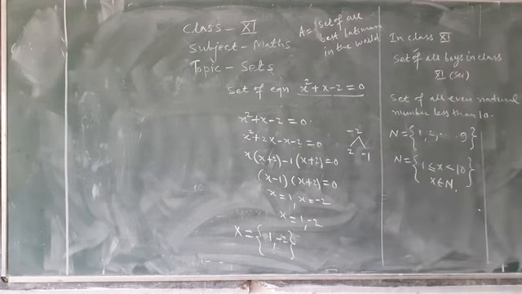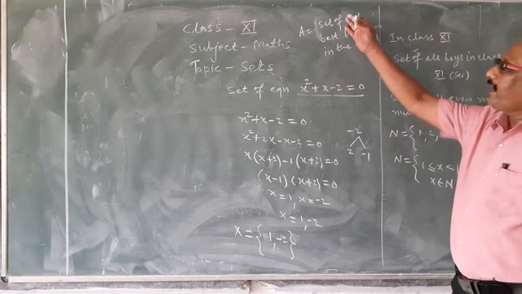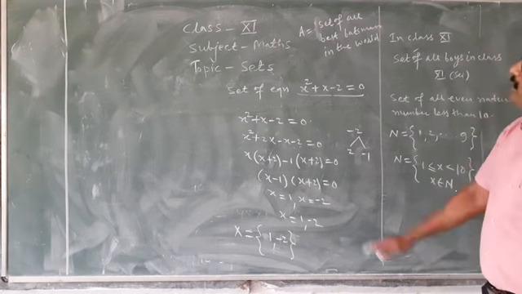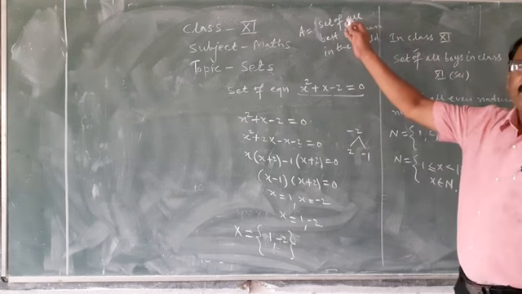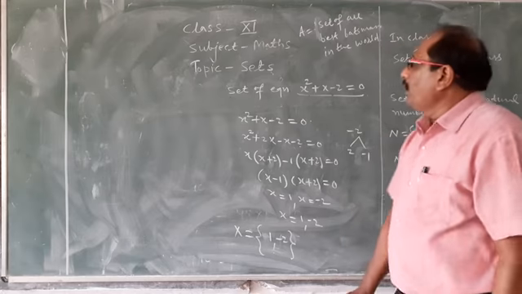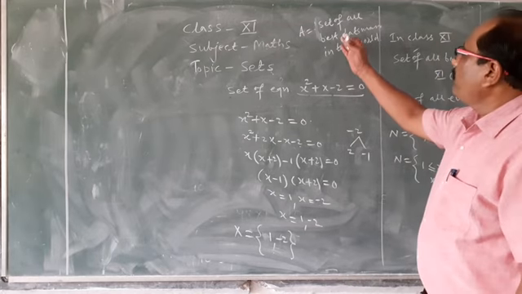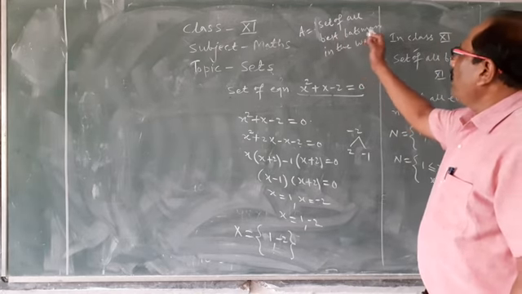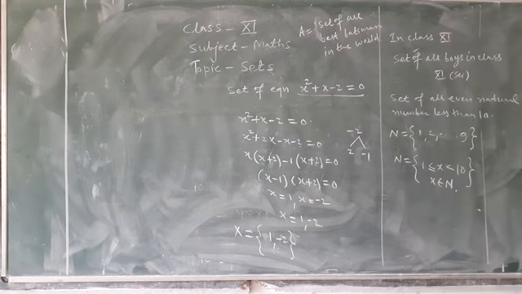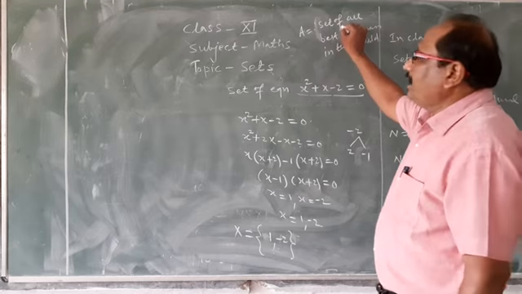A is equal to set of all best batsmen in the world. This we cannot say that this is a set. Why? Because the elements of the set are not well defined. We cannot define which players are best, and we cannot write best batsman in the world in the field of cricket. Therefore, it is not a set.